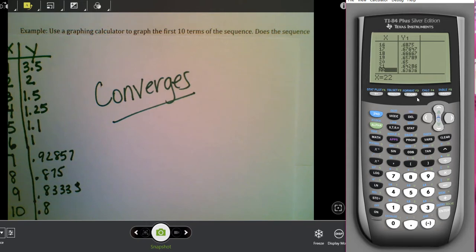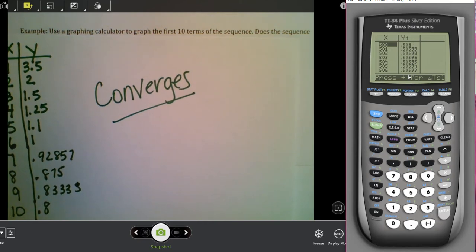We can use our graphing calculator and go into our table set. I'm going to put in 500, just to be extreme here, and then look at my table. What you're going to notice at 500, if we round to two decimal places, is 0.50.